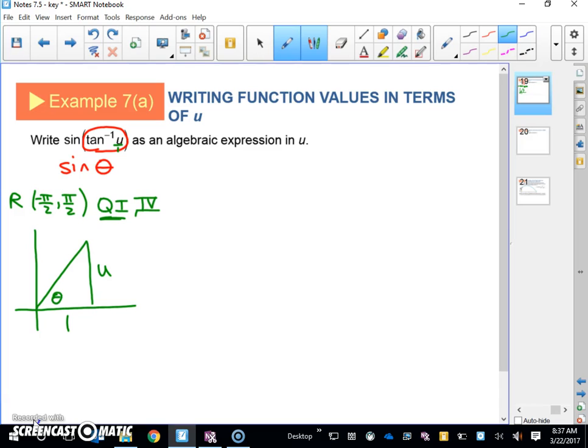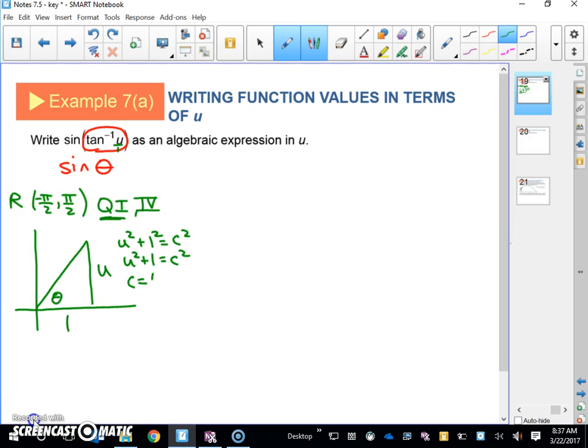And then we have to do the Pythagorean theorem to find that missing side. So a squared plus b squared equals c squared, or r squared if you want. And so what I've got is u squared plus 1 equals c squared. In order to solve, I'm going to take the square root of that.